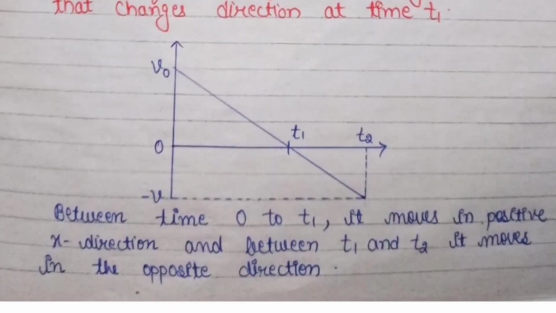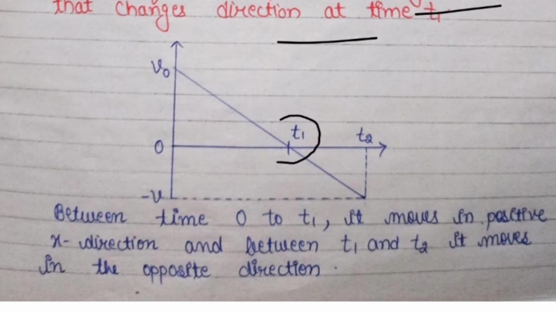Motion of an object with negative acceleration that changes direction at time t1. Now here first direction is positive and acceleration is negative. Speed is constantly decreasing till the interval at point t1, and after t1, between point t1 and t2, it moves in the opposite direction, that is negative direction.